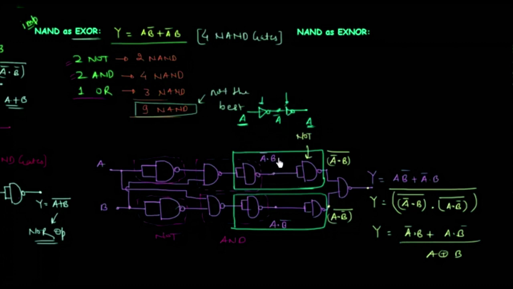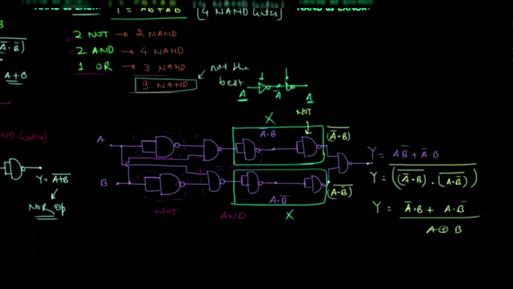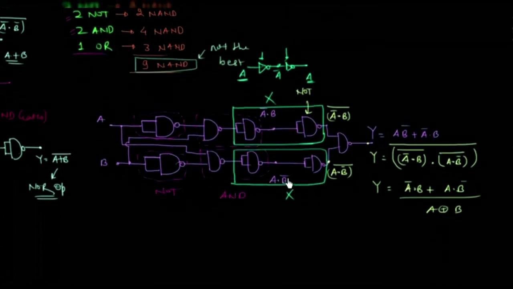So there is no need to use these 4 NAND gates. We can eliminate these 4 NAND gates from this circuit, and will still have the output equals to A complement and B, or A and B complement. So we have reduced 4 gates from 9, and now we are using 5 NAND gates to implement XOR.